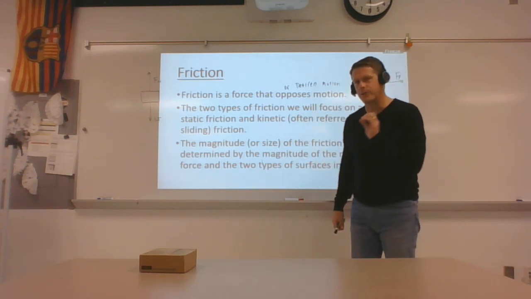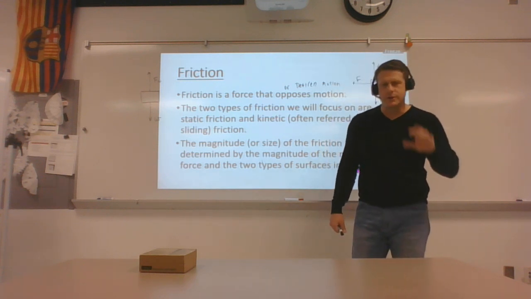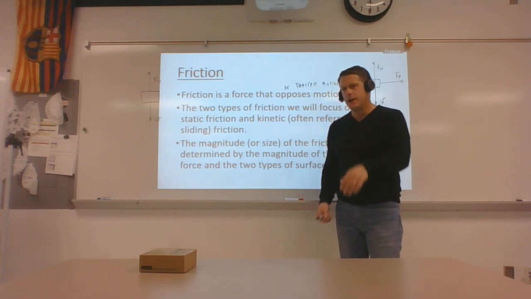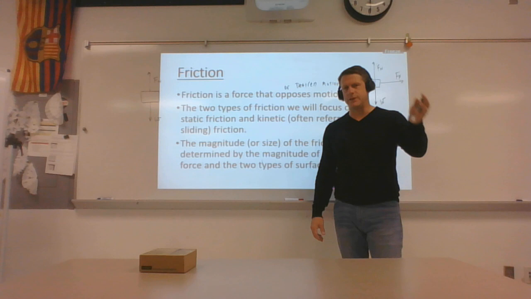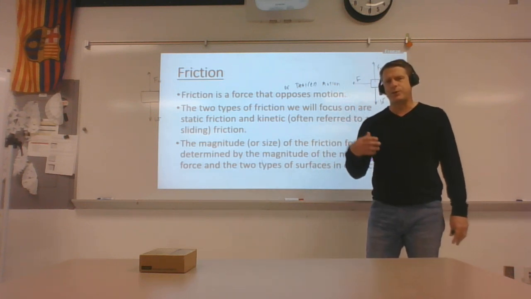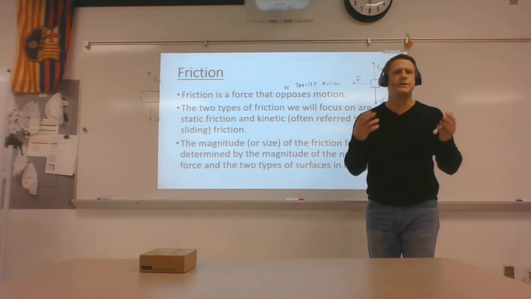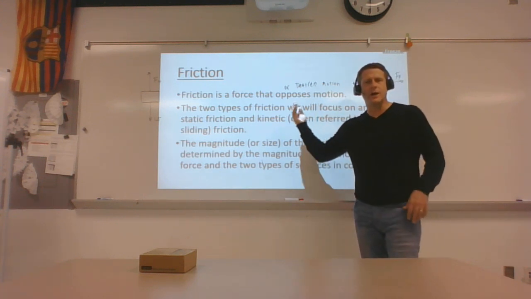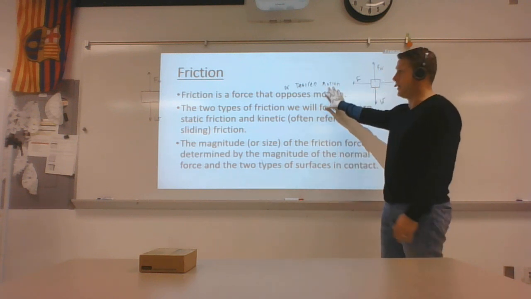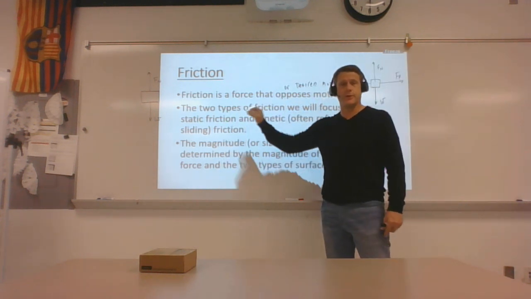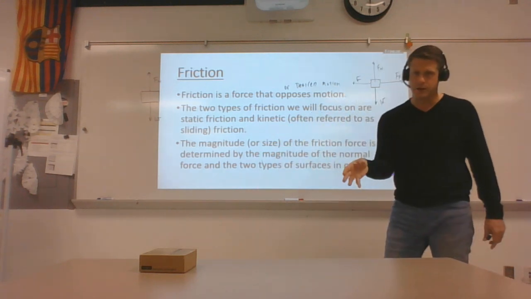So this box right here as it sits on the table, and if you're looking at your desk and your computer is sitting on your desk and your notebook is next to it and you have something to drink sitting on the desk, those three things and everything else that's sitting on your desk or the table that you are at have no desire for motion. They are at rest. They want to stay at rest. So therefore, they have no desired motion. So there's no need for friction to act because there's no motion and there's no desire of motion.